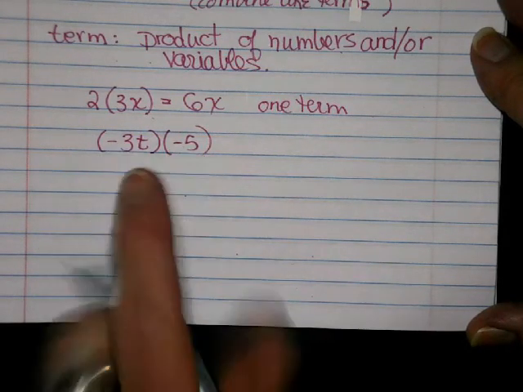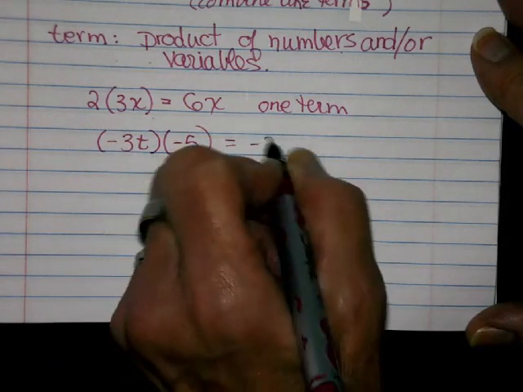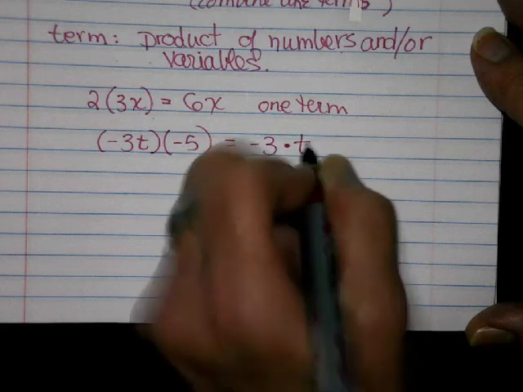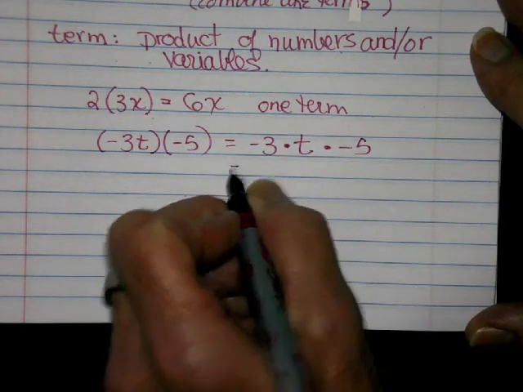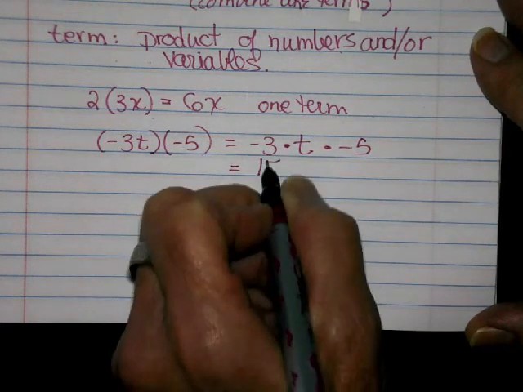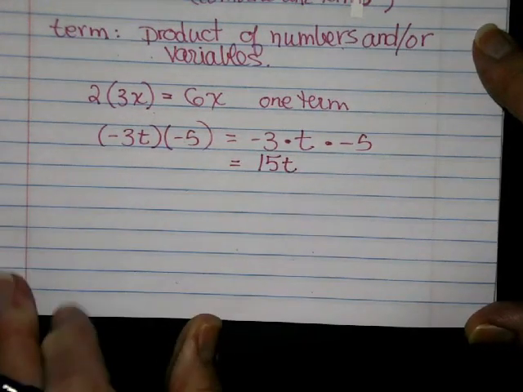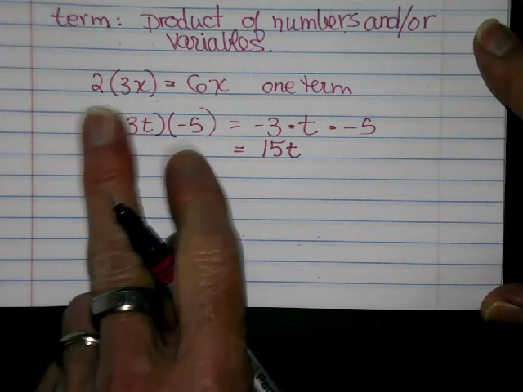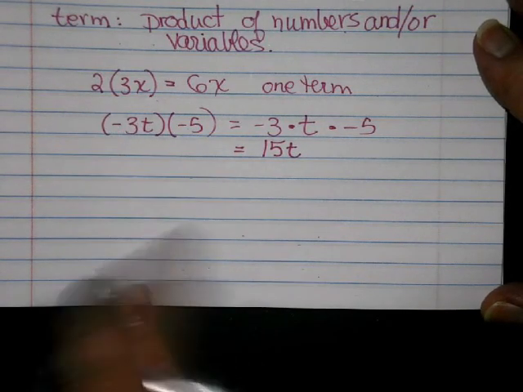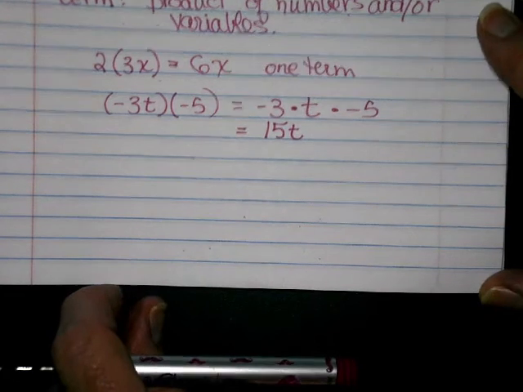Because all this means is that it's -3 times t times a -5. So you can multiply those two. Negative times negative is positive. So don't let it bother you if your number's on the other side of your variable, it's still multiply.